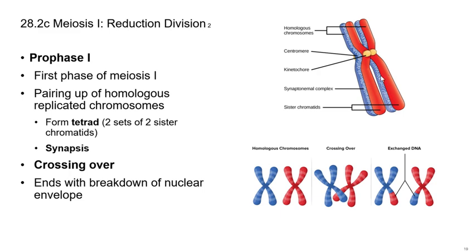One part of the maternal is being swapped and replaced with one part of the paternal. So in this illustration down here, you've got paternal and maternal, they swap a little piece and now they're different. So now automatically we can see how we're going to have different cells that we end up producing at the end of meiosis 1 and at the end of meiosis 2. So again, big thing, genetic variation. We're producing different daughter cells. Okay, remember, that's the whole point.